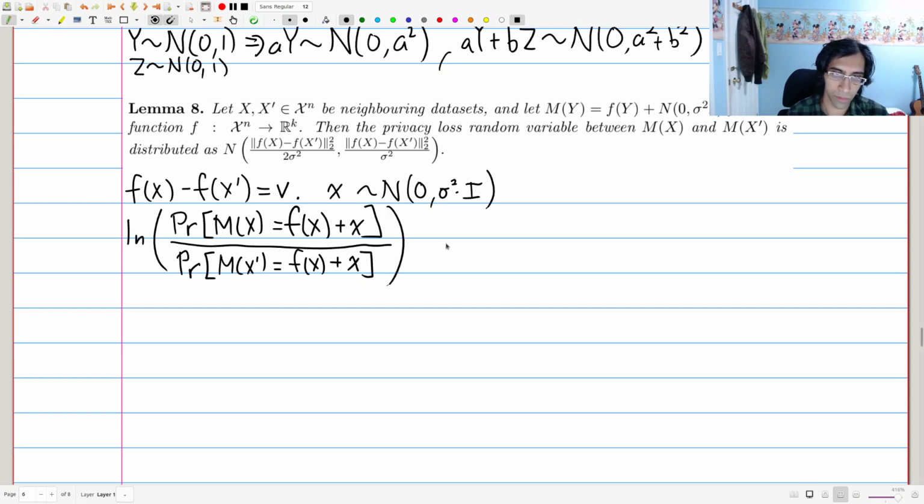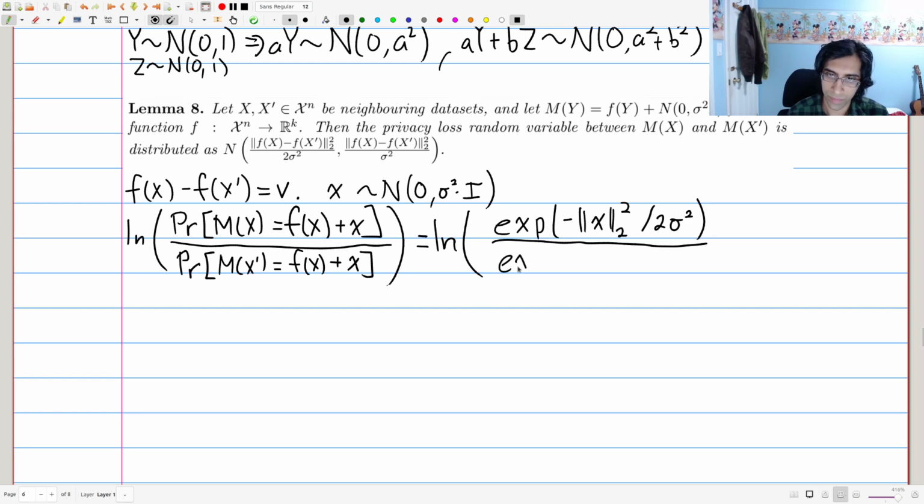So now what is this value here? Well, let's just sub it directly into the PDF of a Gaussian, because these are just Gaussian distributions. M on x is a Gaussian, and M on x prime is going to be a Gaussian. So this can be written as the following ratio of densities. Okay, now where did this come from?